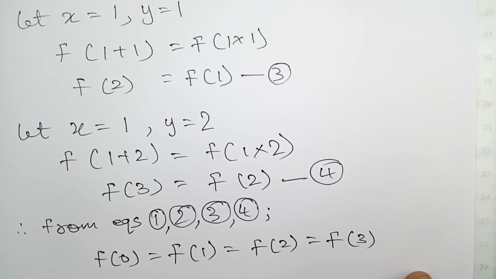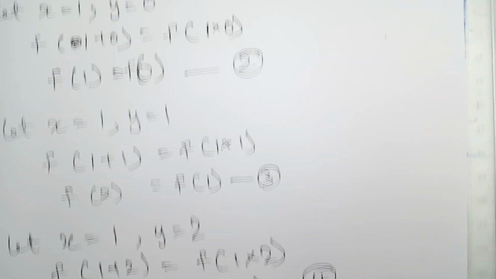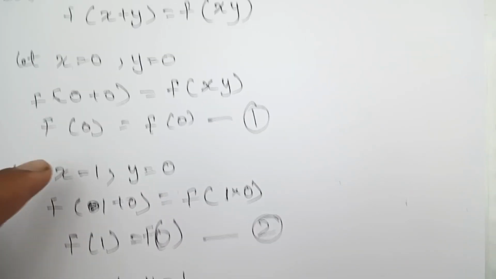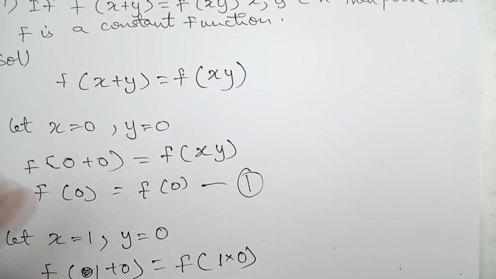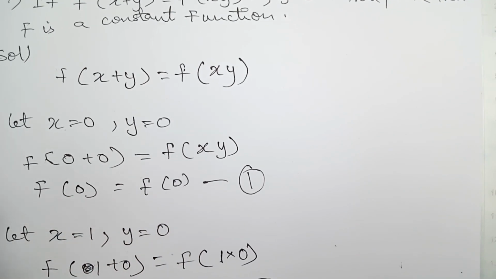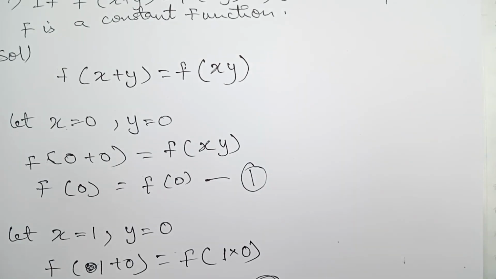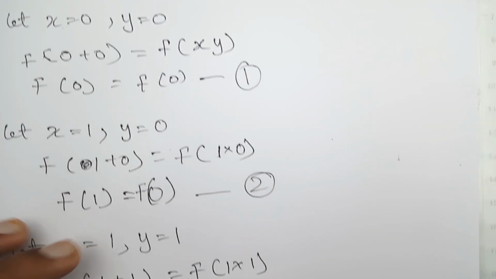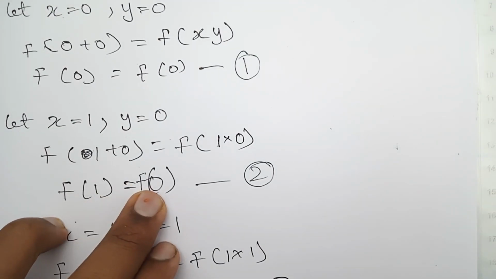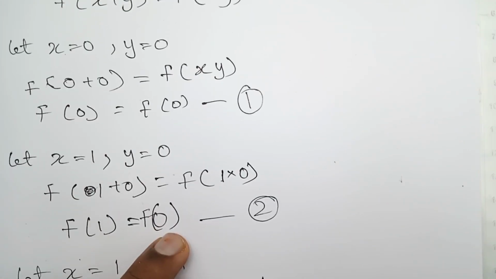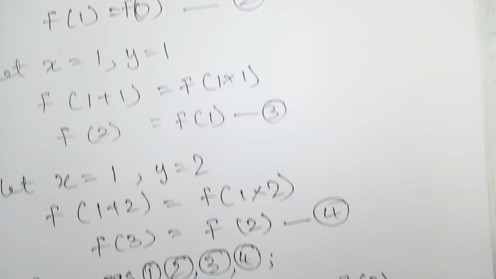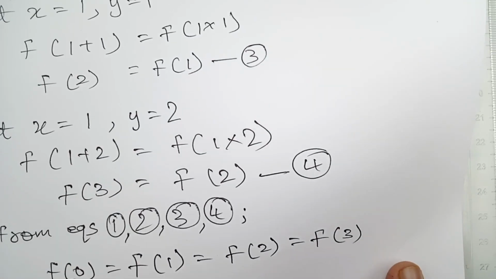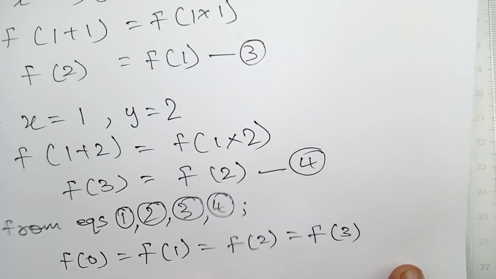How may it be concluded? See here, f of 0 is equal to f of 0. It should be equal because 0 and 0 are the same. Now here f of 1 is equal to f of 0, so f of 0 is equal to f of 1.